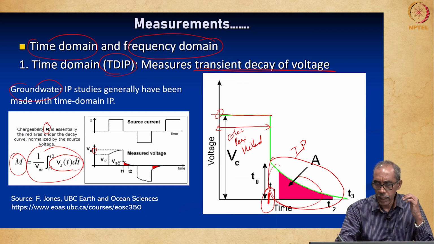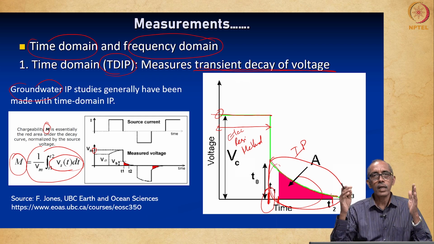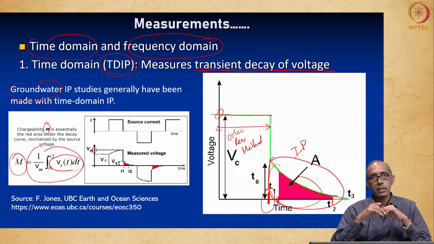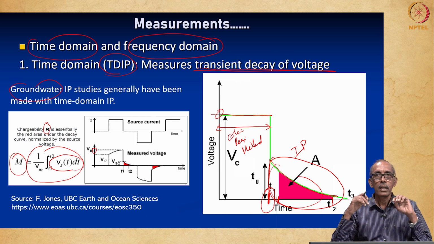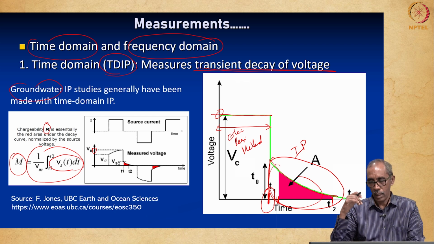We can take up any time, maybe this can be T2, this can be T1, or we can take the entire area, which in fact is the normalized area between two different times. That is what we call chargeability, right. So, in time domain IP method, which is often used in groundwater investigation, we measure capital M.